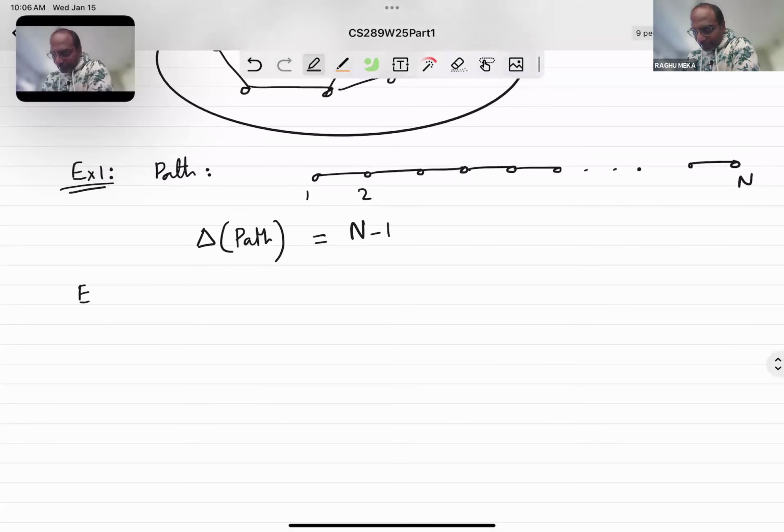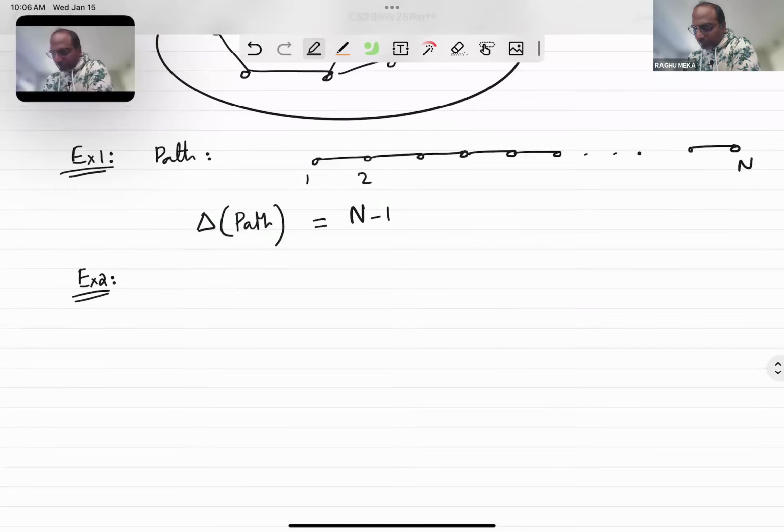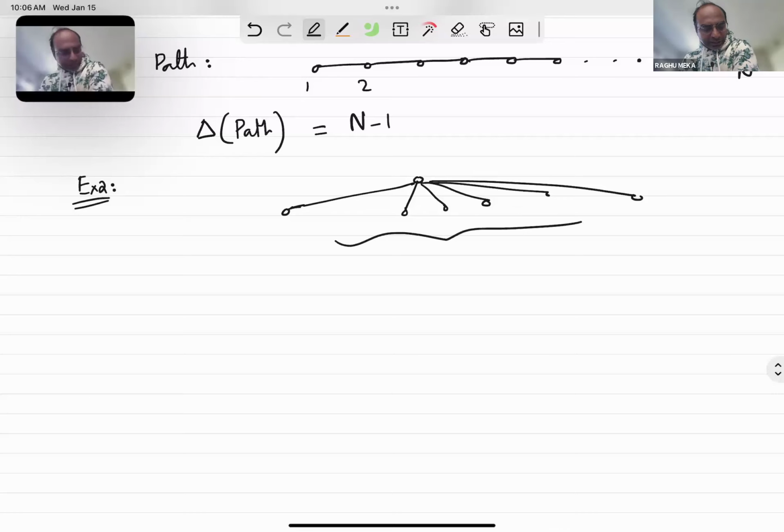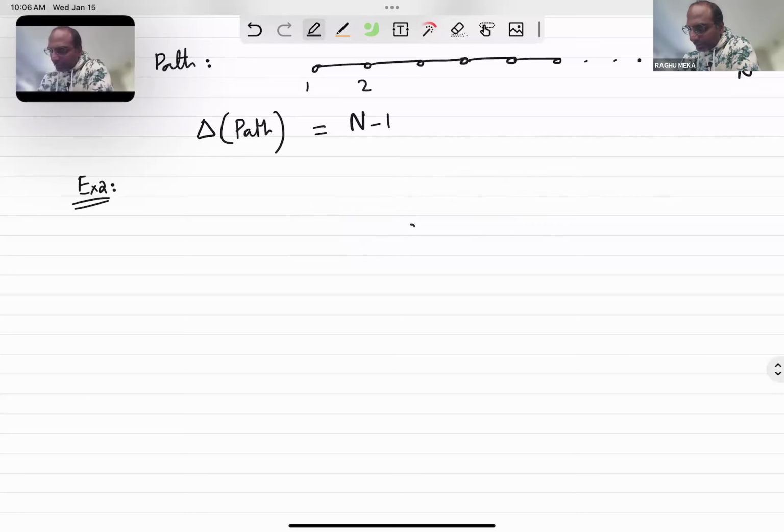And let's take another example. So let's say my graph now is something like this. It's like a tree. Let's say my graph is the star graph.